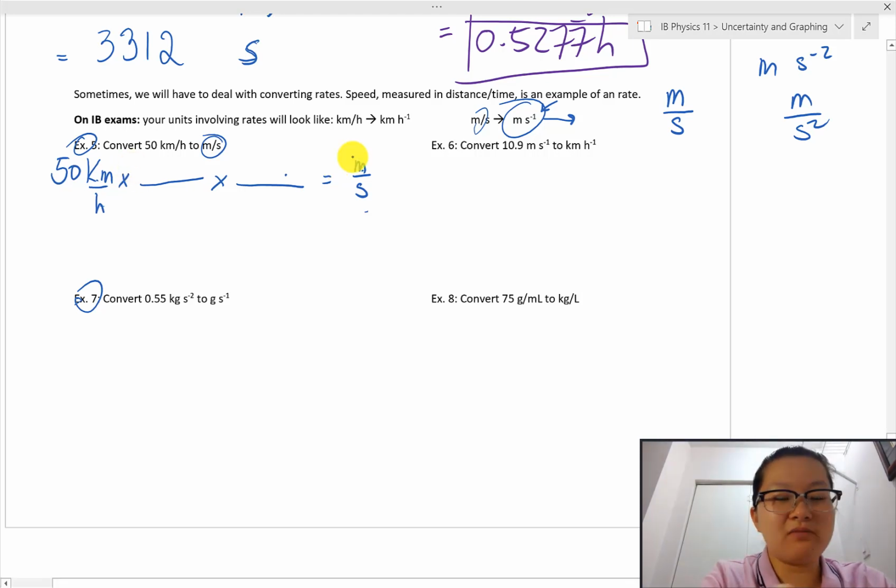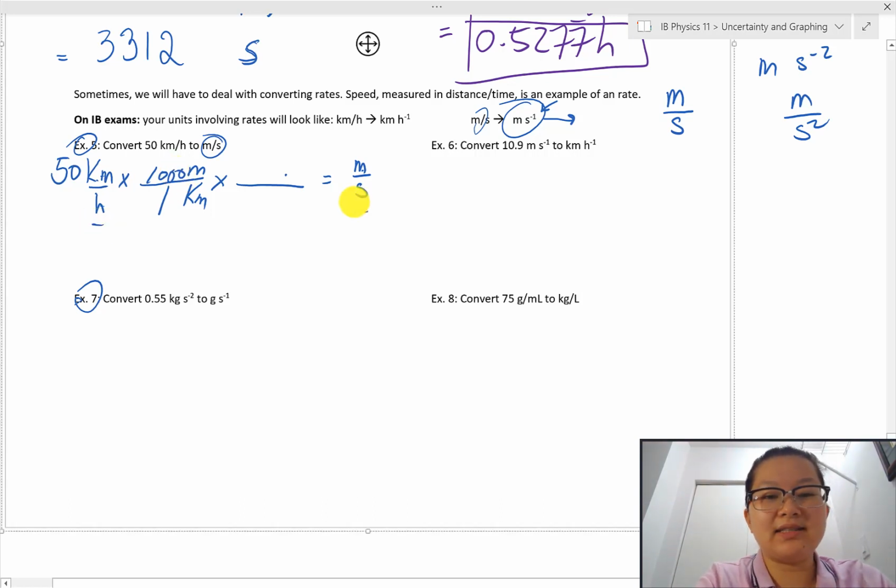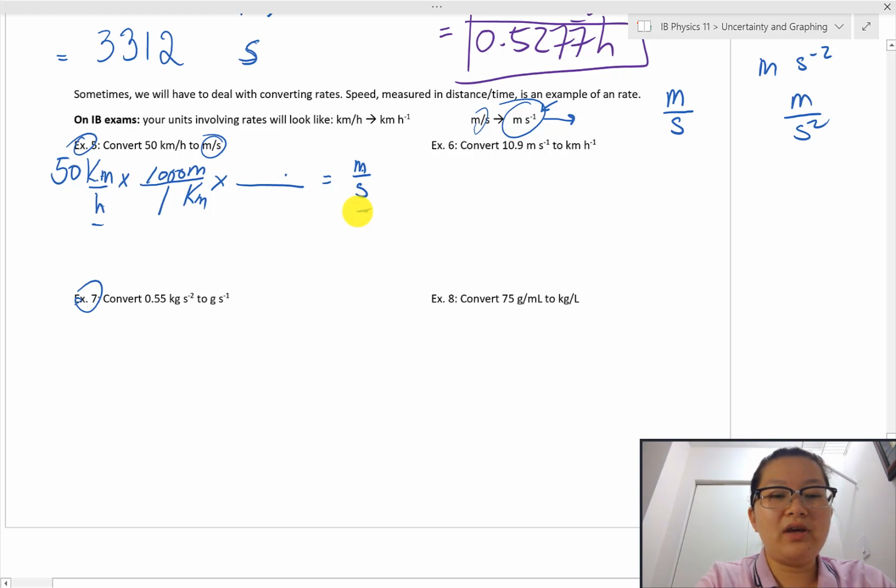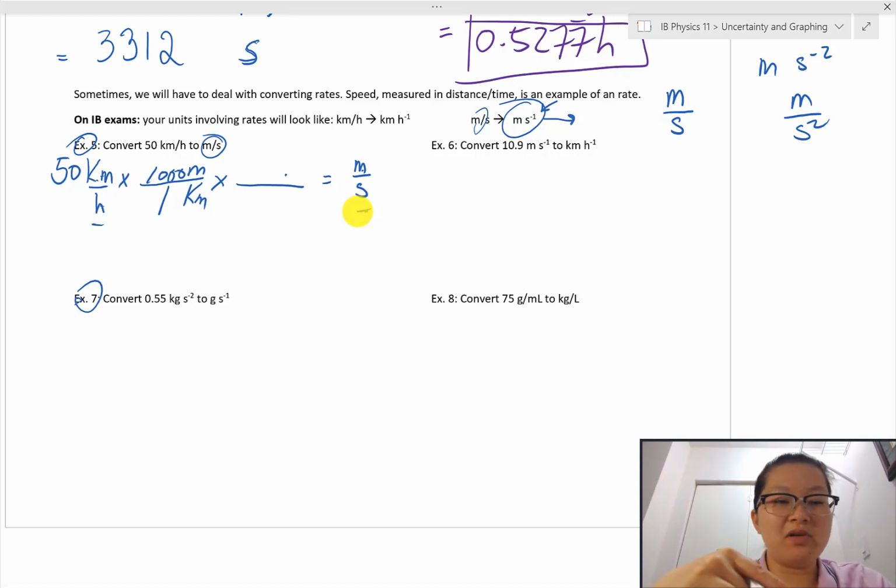For example, kilometers to meters: I need my conversion factor to have meters on top, kilometers on the bottom. How many meters are in 1 kilometer? 1,000. Next up, we want hours to seconds. This is a little different because we're talking about the denominator here.